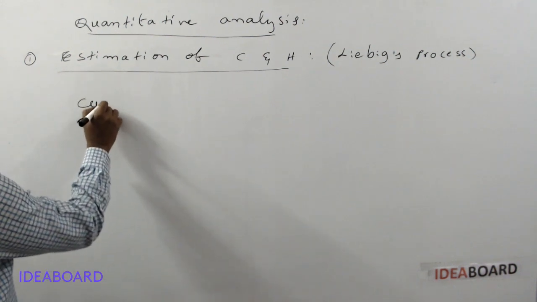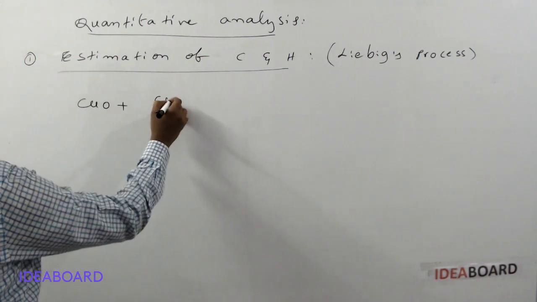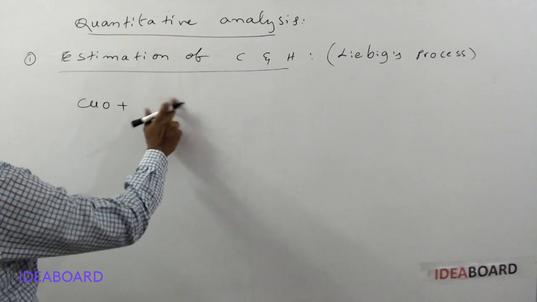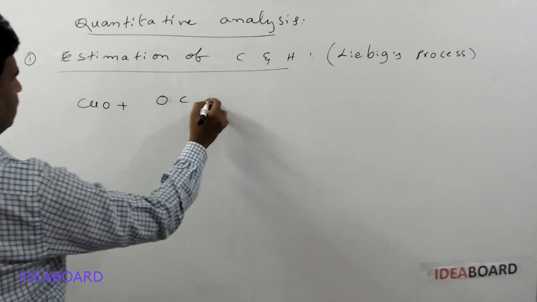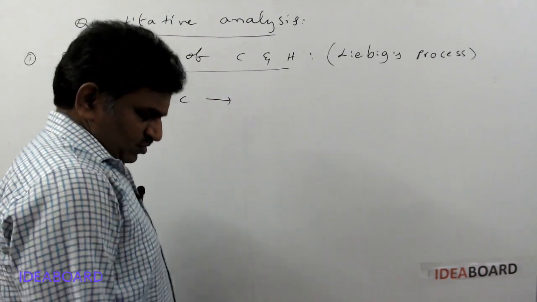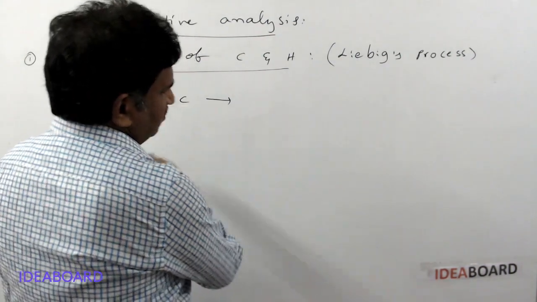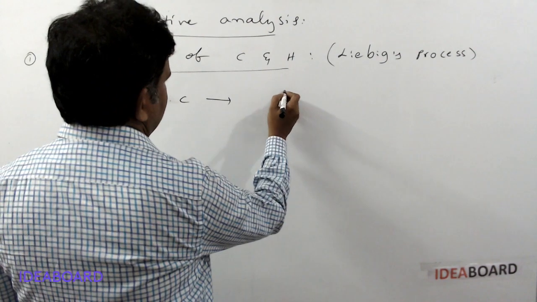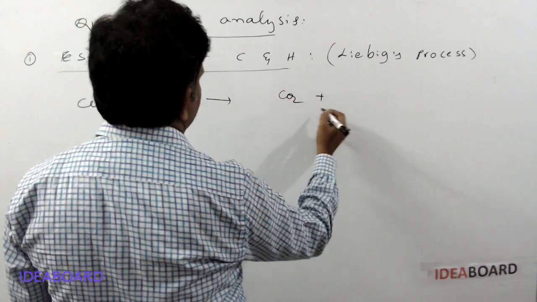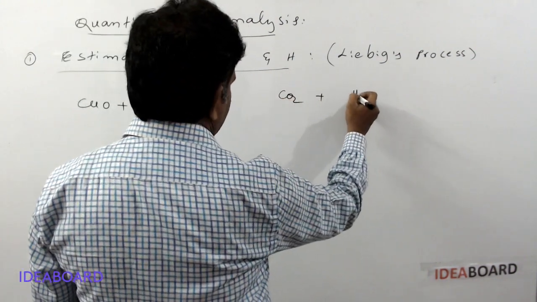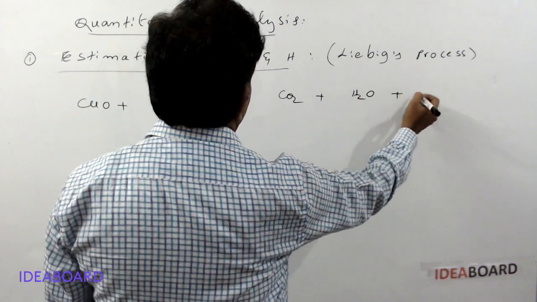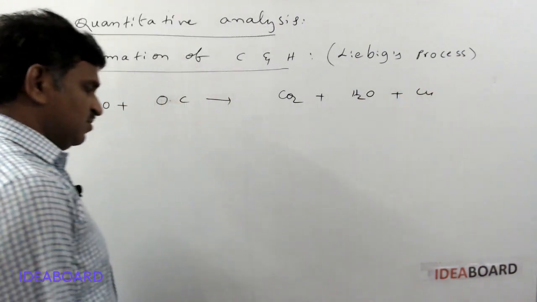Here, CuO is taken and the organic compound is passed through the CuO copper gauze, a tube containing CuO. Then the organic compound, if it contains carbon, converts into CO2. If hydrogen is present, it converts into H2O, and copper is formed.